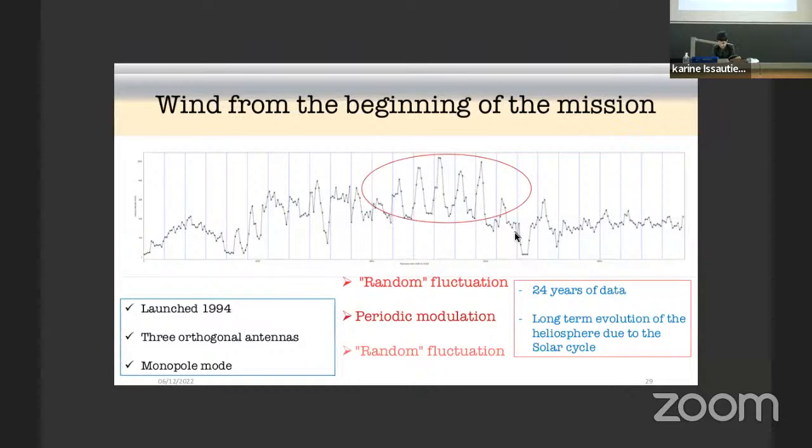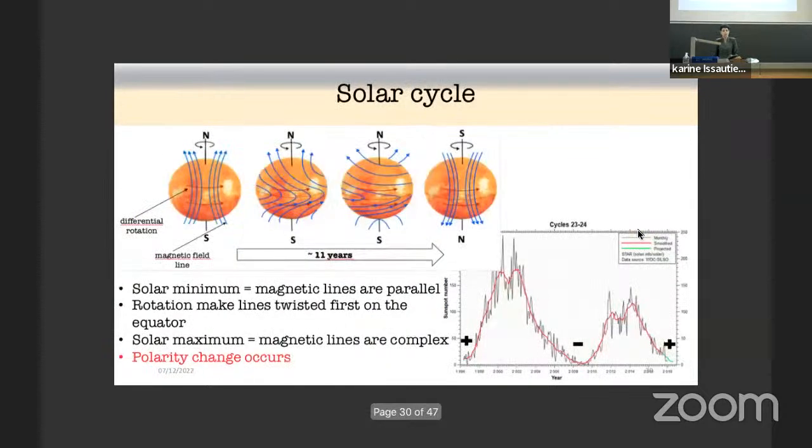And again, after that, they stop being periodic, and then again we have some random things. And since we have 24 years of data here, we could expect some long-term evolution of the heliosphere due to the solar cycle. So we went to look a little bit at the solar cycle.